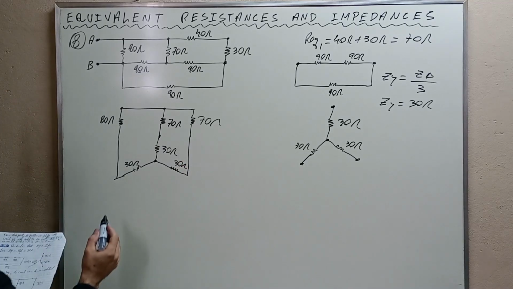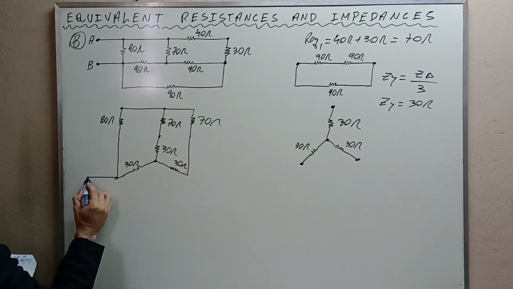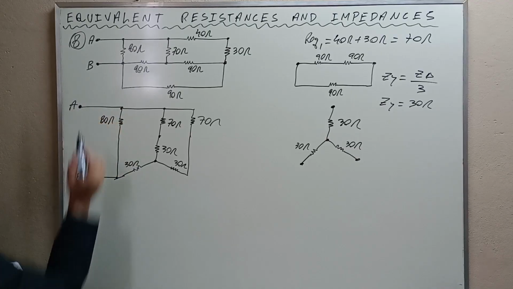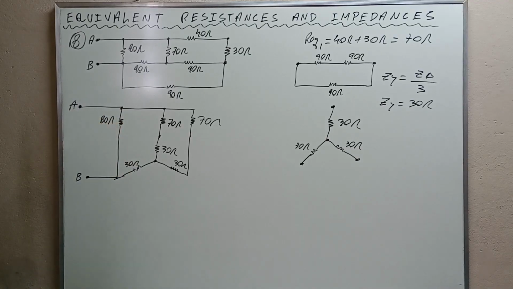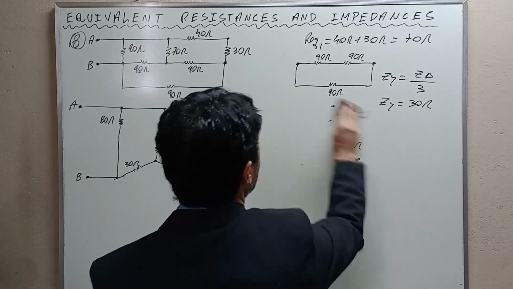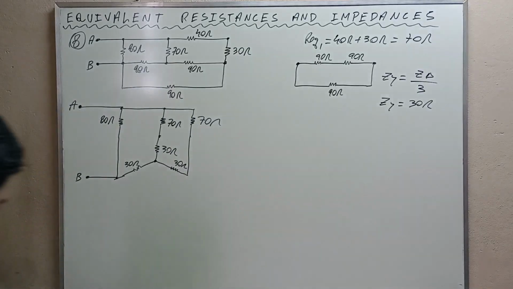And here terminals B and A. Now we can reduce the circuit. Let me clear here for more calculation.